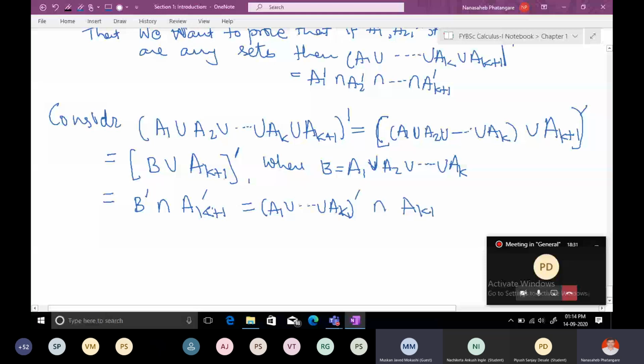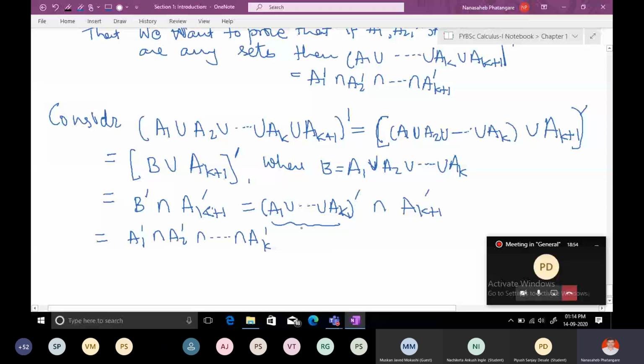Because B is the union of a1, a2, ak, and by the induction hypothesis the complement of the union of k sets is a1 complement intersection a2 complement intersection ak complement. This bracket is the same as this by the induction hypothesis.